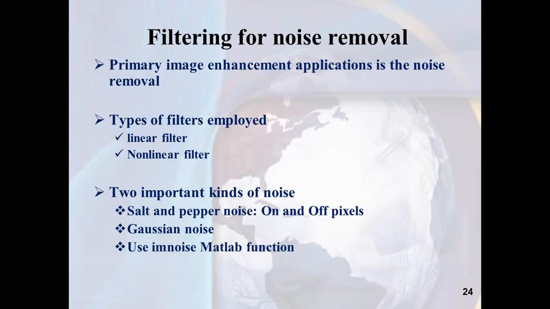This may affect the pixels and may produce some distortion on the image, meaning it can damage the picture. Another is Gaussian noise. We have a kind of noise called Gaussian noise, and there are functions that can be applied to put noise on the image.